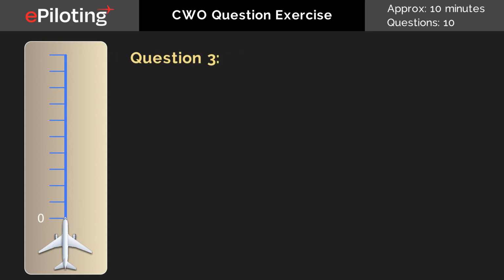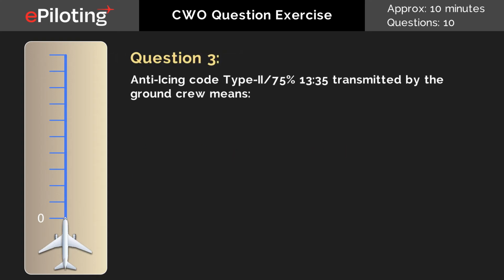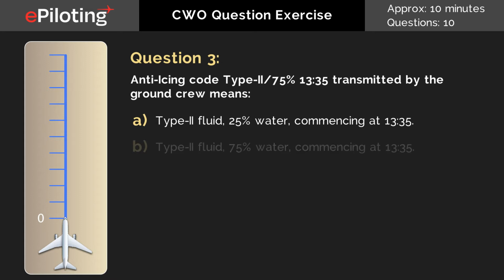Question 3. Anti-icing code Type 2/75% 1335 transmitted by the ground crew means A. Type 2 fluid, 25% water, commencing at 1335. B. Type 2 fluid, 75% water, commencing at 1335.